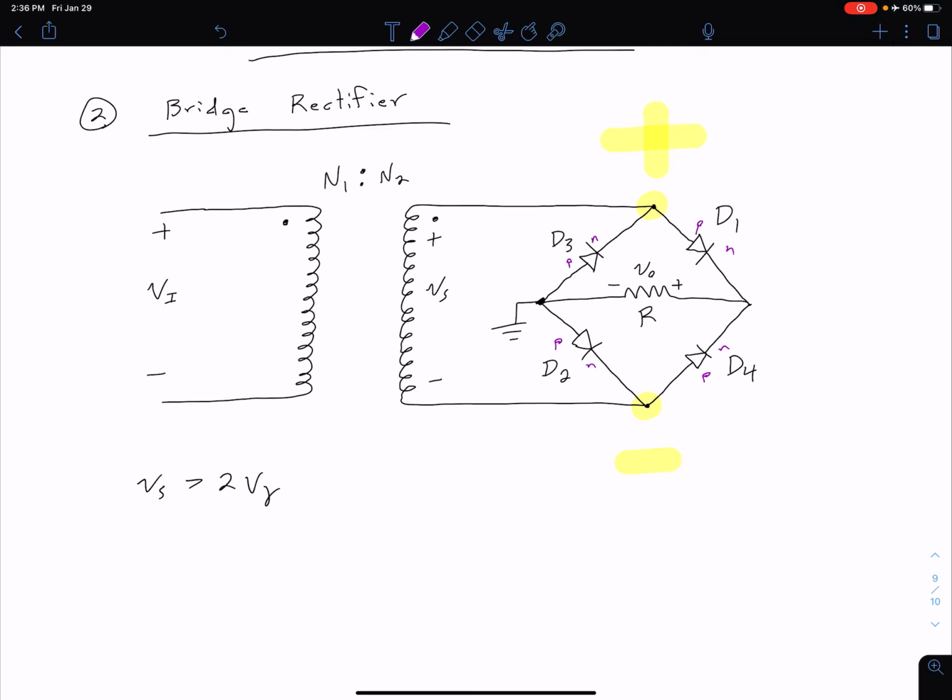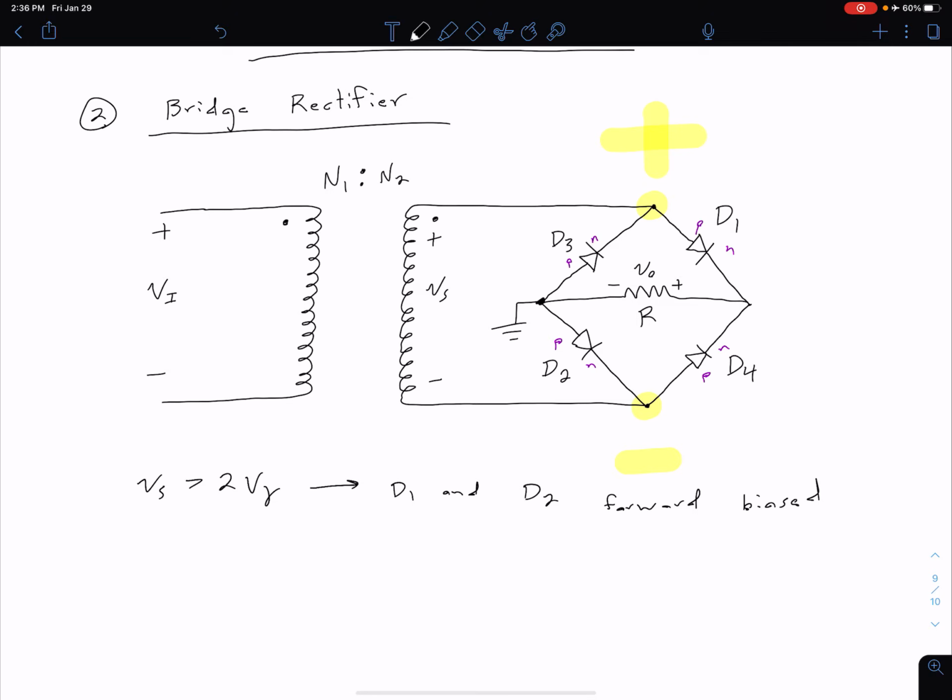In this case, for our diode D1, our P side is more positive, and for our diode D2, our P side is more positive. Our P side is at ground, but because our N side is negative, our P side is more positive. So for this case of Vs greater than 2 V gamma, diodes D1 and D2 are both going to be forward biased.